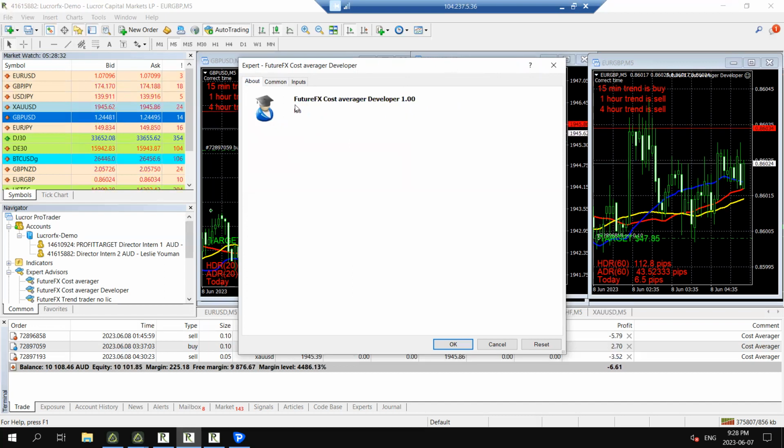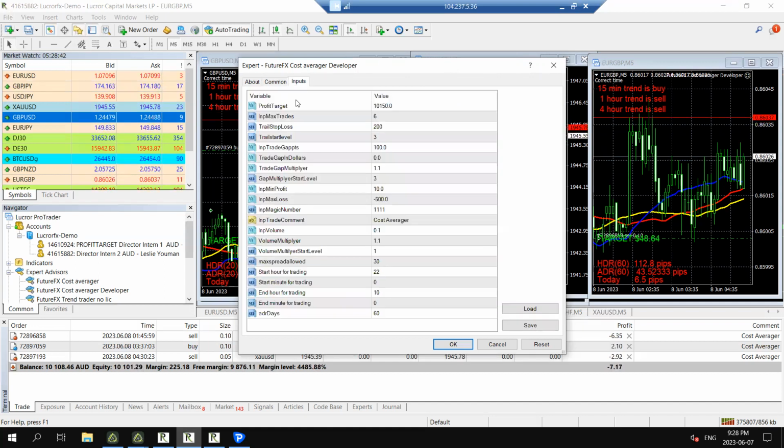Now, this is my own personal version of Cost Averager. It's just a developer version. I forgot to mention that your version up the top will have where you need to enter your activation key. That's the activation key that I'll give you when you purchase the software, or if you're using a free trial, I will give you an activation key, and that needs to be pasted in there.